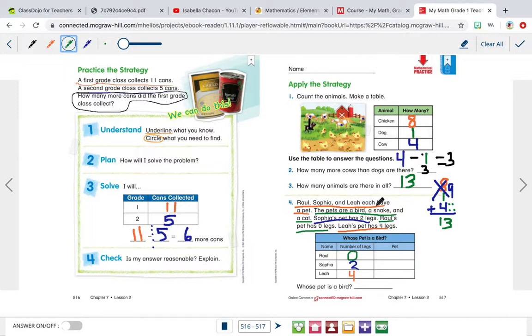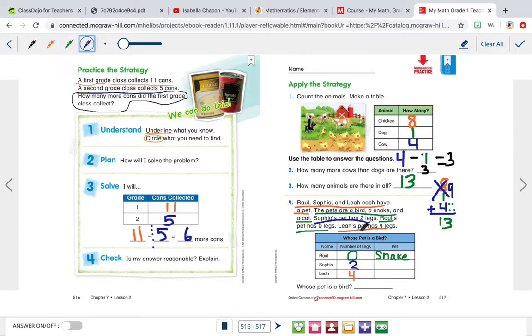Well, a snake slithers around. Does a snake have any legs? No. A lizard has legs, but a snake does not have any legs. So I'm going to say that Raul has a pet snake. Snake.